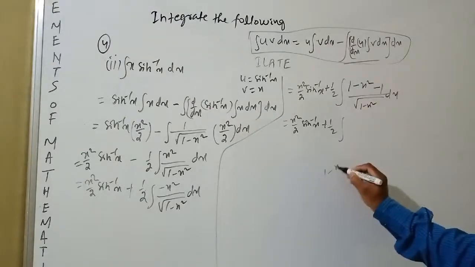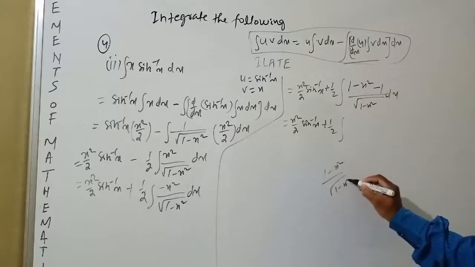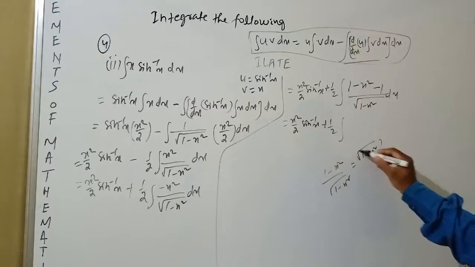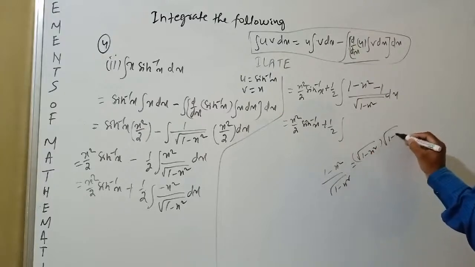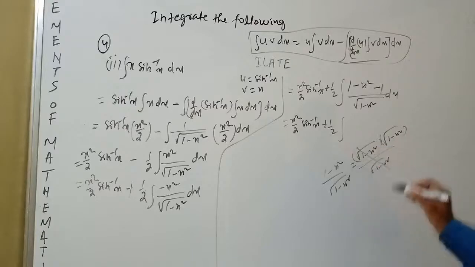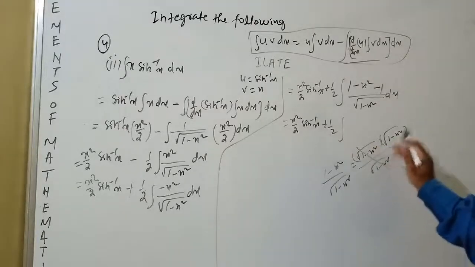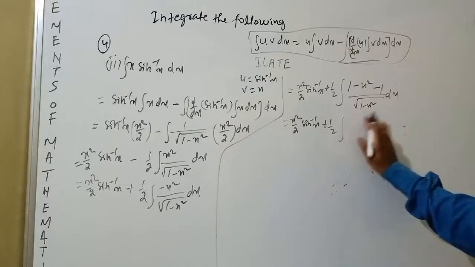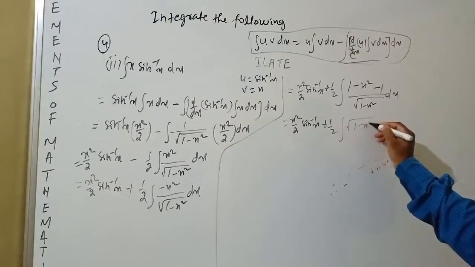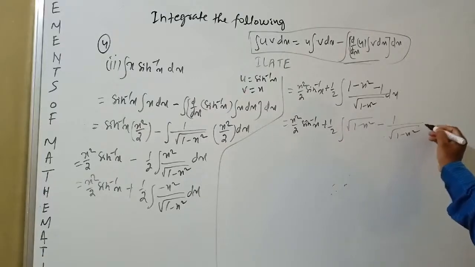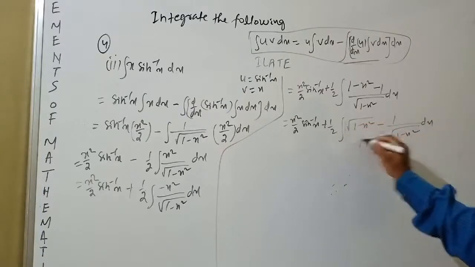That means 1 minus x square is equal to 1 minus x square into root over 1 minus x square by root over 1 minus x square. One root over 1 minus x square cancels out, so we get root over 1 minus x square minus 1 by root over 1 minus x square dx.